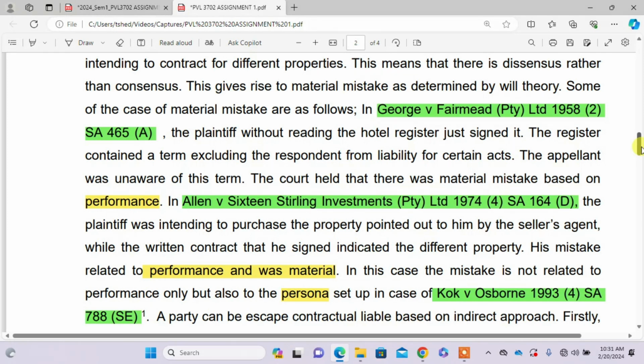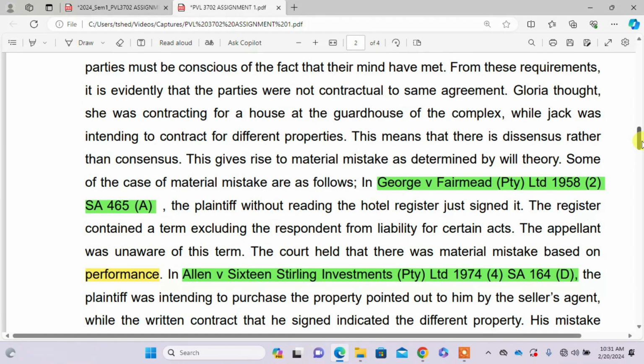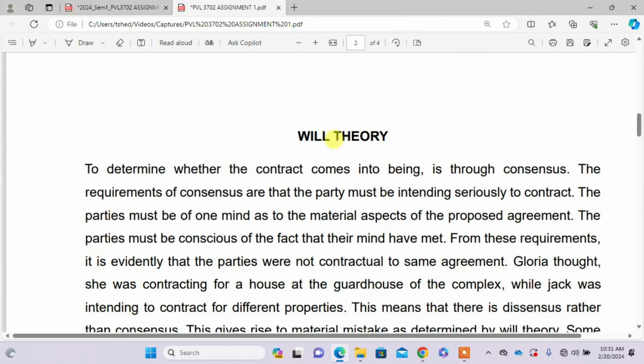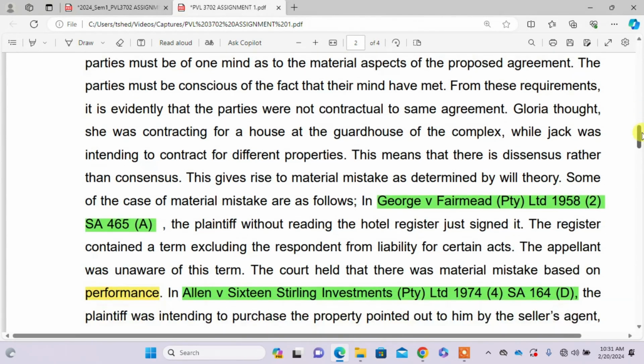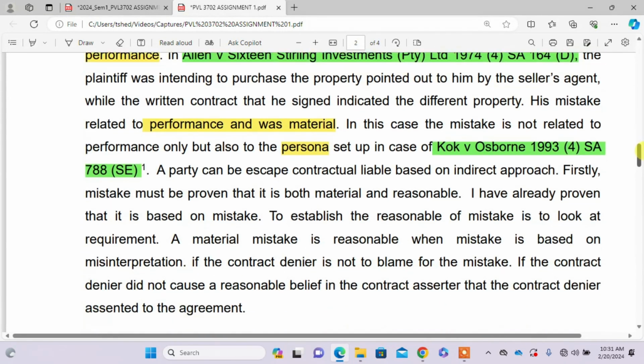Remember, we have not finished answering the scenario. We were just giving you some light and some cases which you'll be looking for in order for us to answer that scenario. And here I was talking about the will theory. Then I will give you more information about the will theories and the journal articles based on will theories when we are doing part 2.